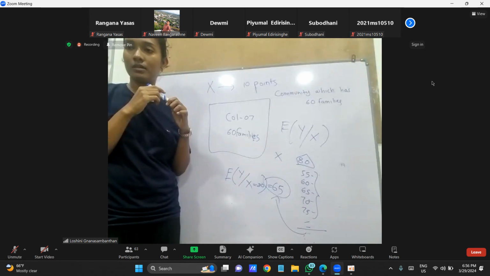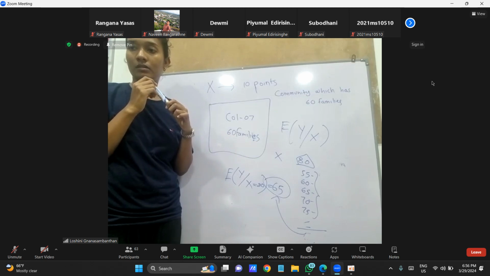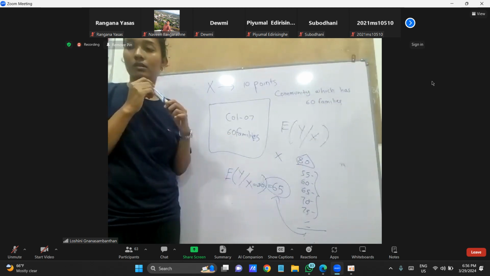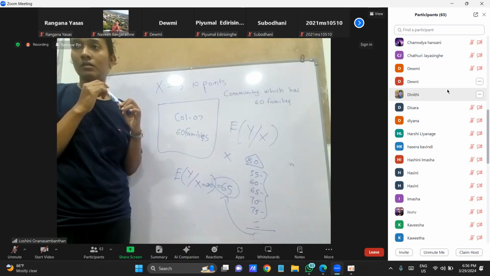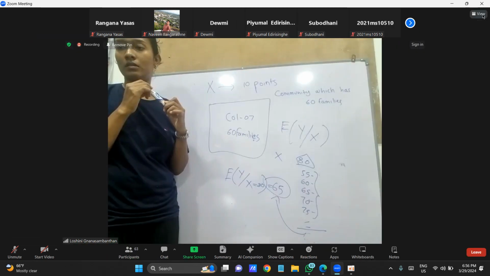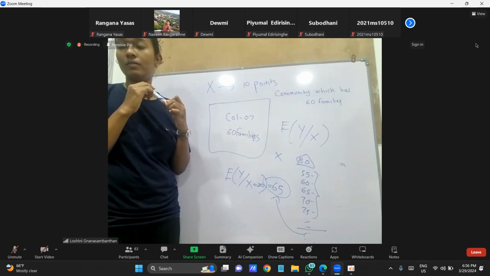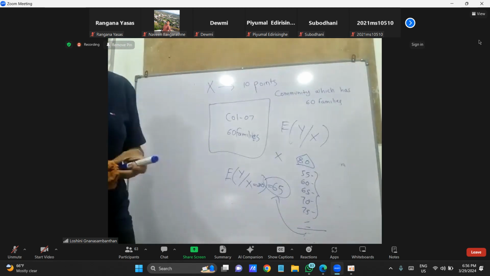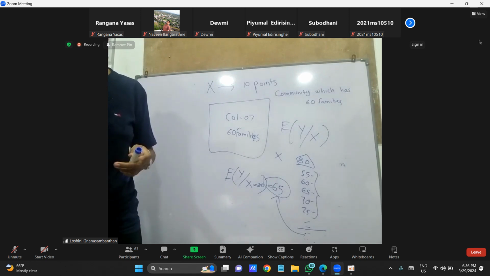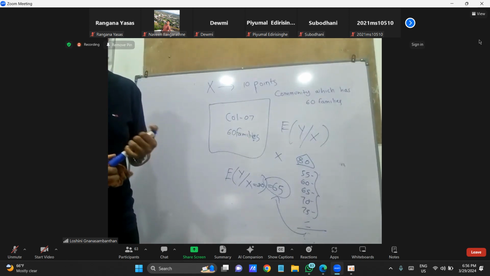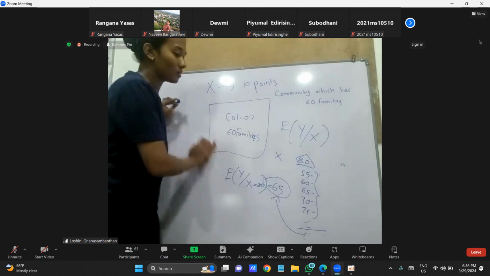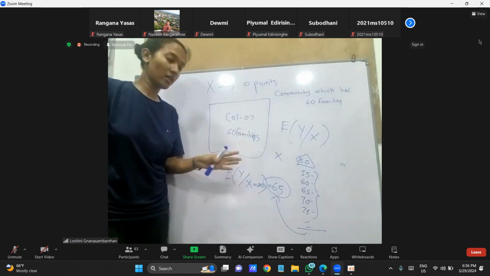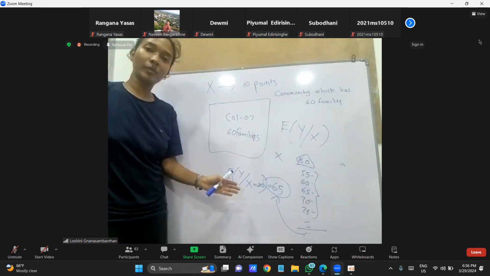So for taking the decision, in this model we should take the conditional mean of y. Okay, so I will tell the use of taking this conditional mean.